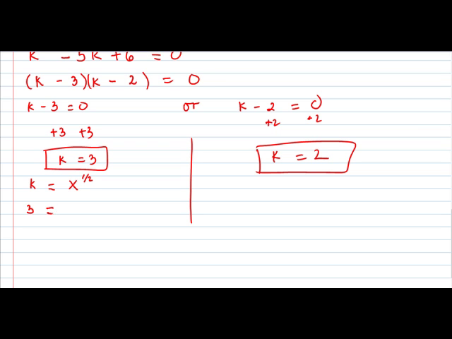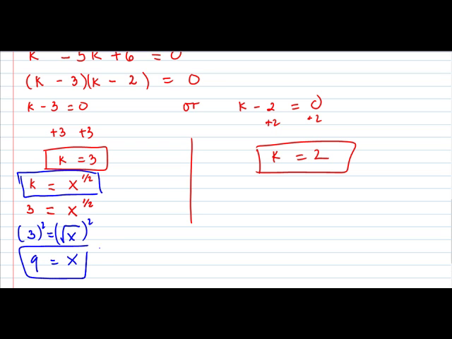Therefore, 3 has to be equal to x to the 1/2. To solve for x here, you just have to square both sides. So you have 9 equal to x. This is one of our answers.